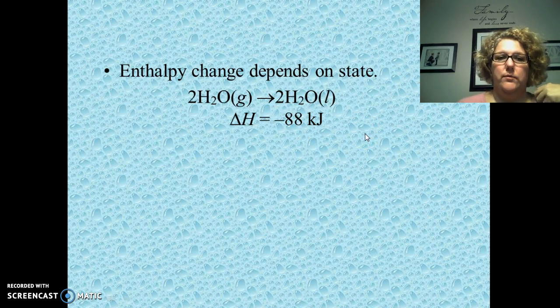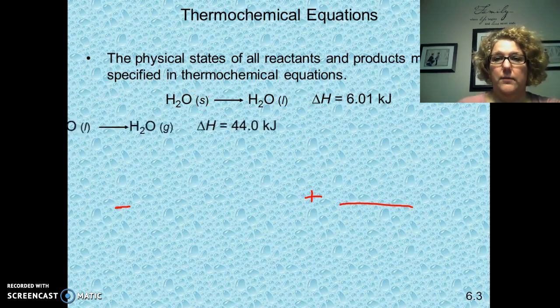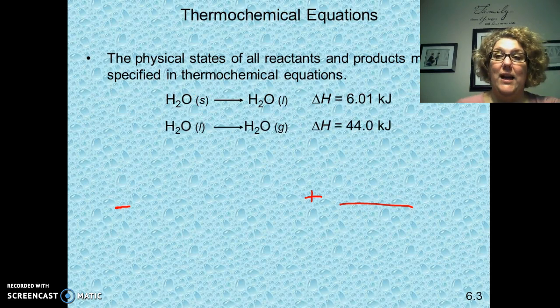So when you're doing thermochemistry problems, you can't treat liquid water and gaseous water the same because they have a different energy value, obviously. Okay, so the physical states of the reactants and products must be specified in thermochemical equations. Because solid going to liquid water, that's 6 kilojoules, but liquid going to gas, much more energy is needed, okay?